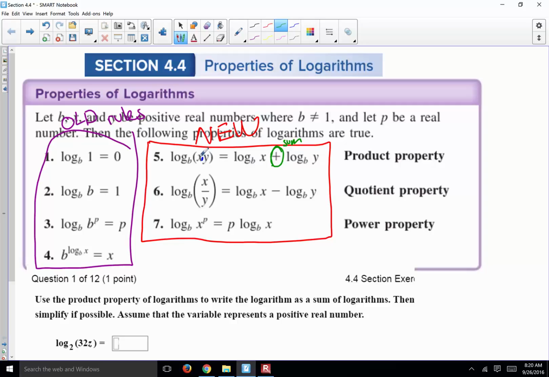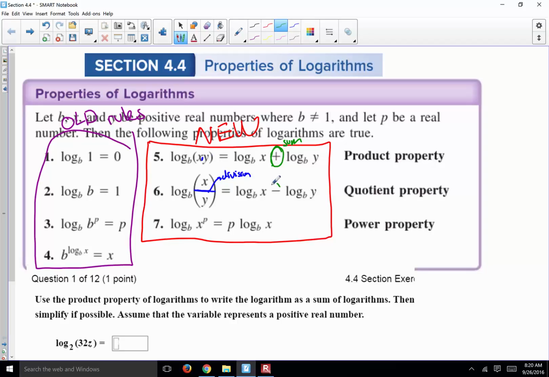When you multiply 2 numbers under the same logarithm, you actually separate those 2 numbers as a sum with an individual logarithm around each number. Second, when you have a division, do you see the division? The top was multiplication, this is division, and division is the opposite of multiplication.